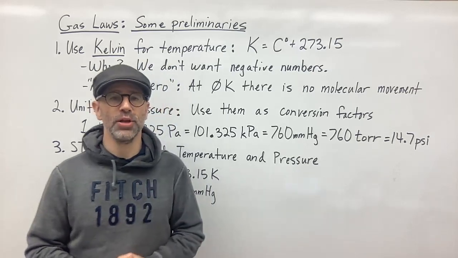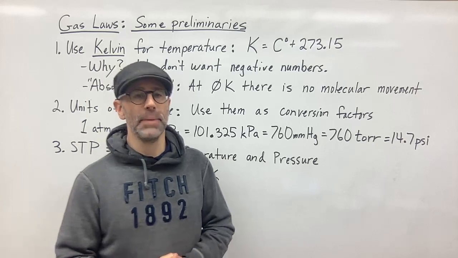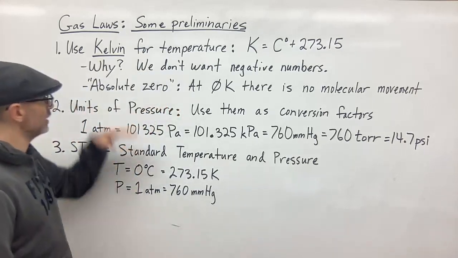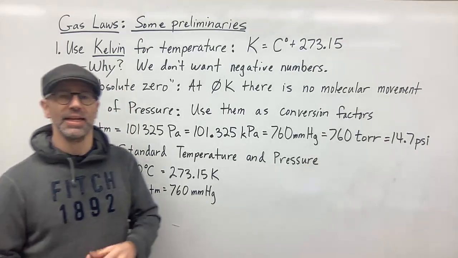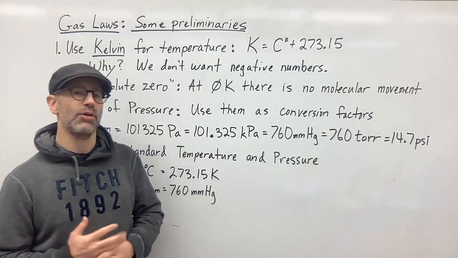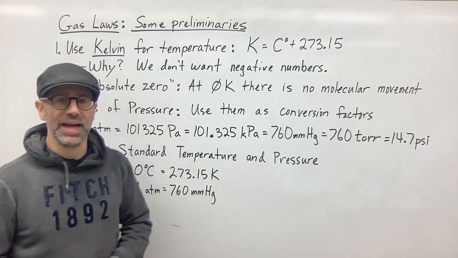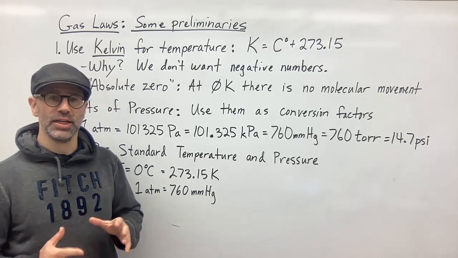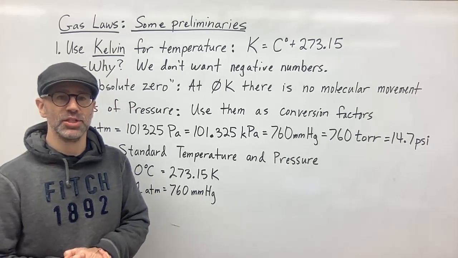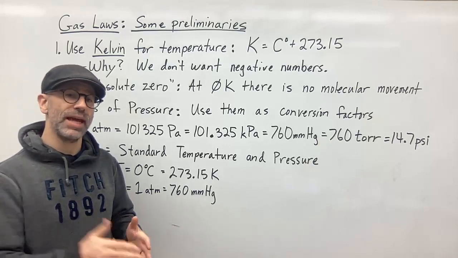To avoid those sorts of absurdities, we use the Kelvin scale, because the Kelvin scale has an absolute zero, which means you can get to 0 Kelvin and you can't have a negative number. The scale is set up in such a way that you can get to zero and you can't get any lower.